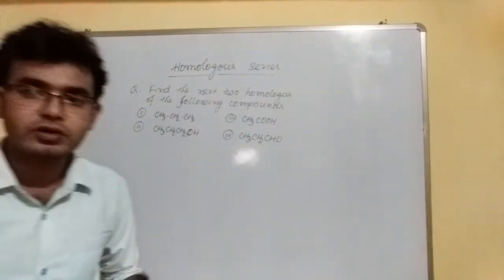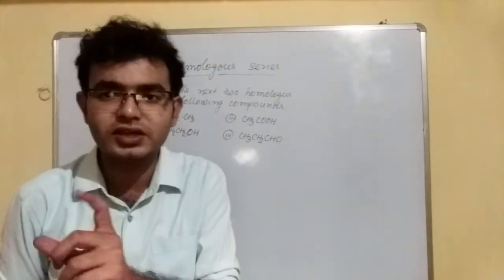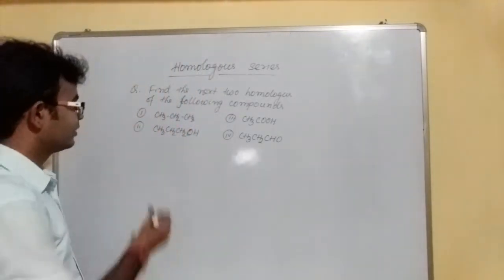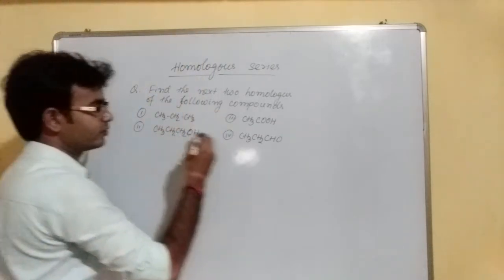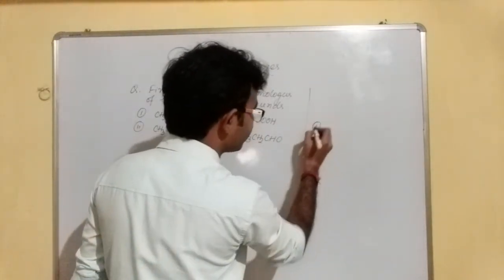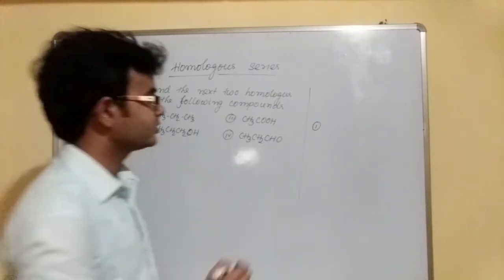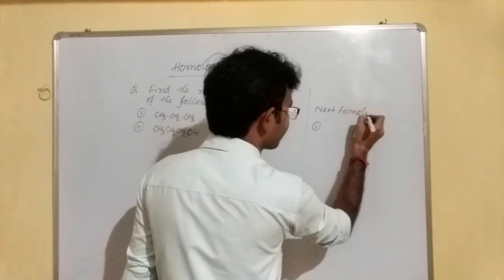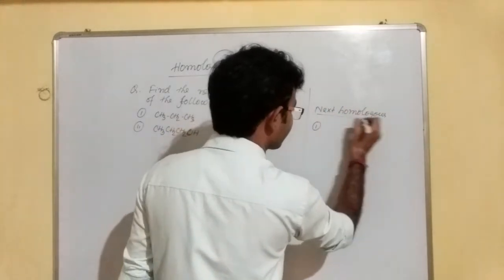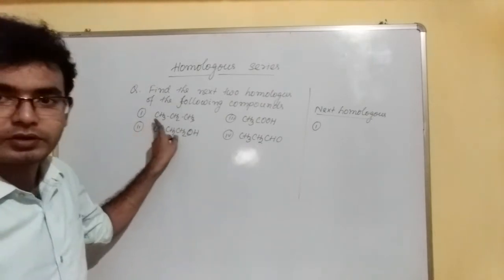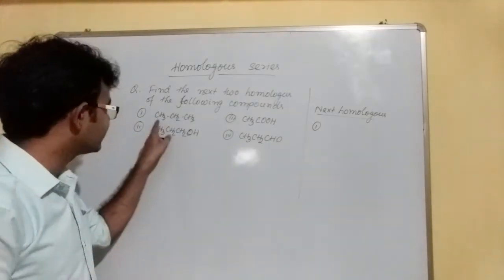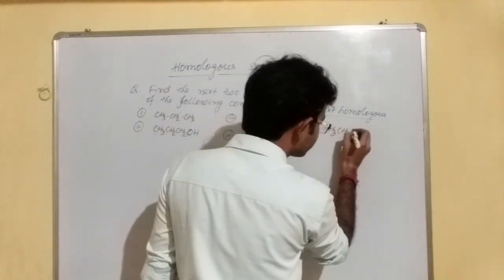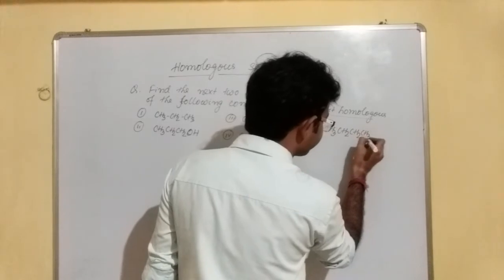So how will we get the next homologous? By adding CH2, by increasing one carbon and two hydrogen within this compound, right? The next homologous of compound 1, CH3 CH2 CH3, will be CH3 CH2 CH2 CH3.